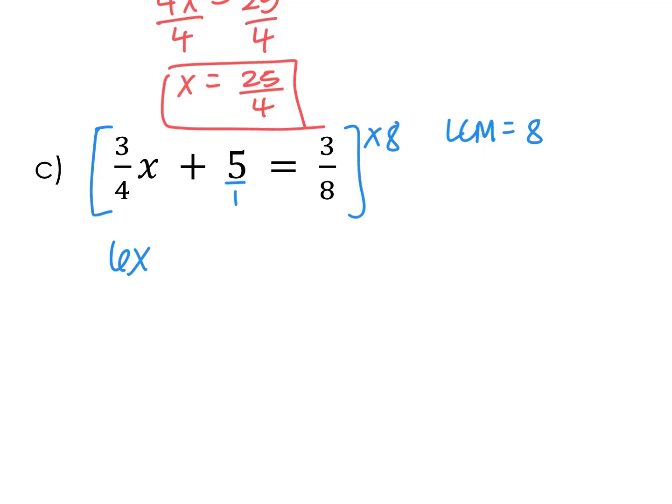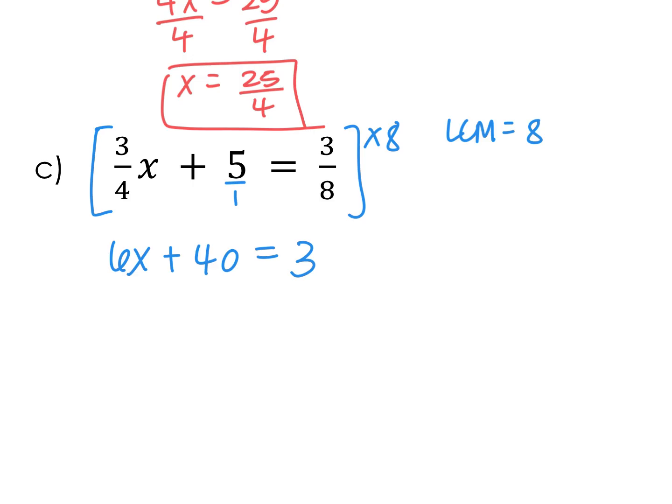5 times 8 is what? Divided by 1 is? 40. And then 3 times 8 is? Divided by 8 is? 3. So there we just did all the multiplication of those fractions.